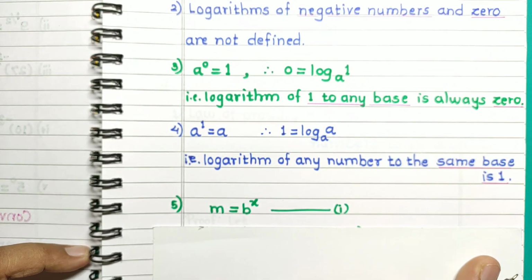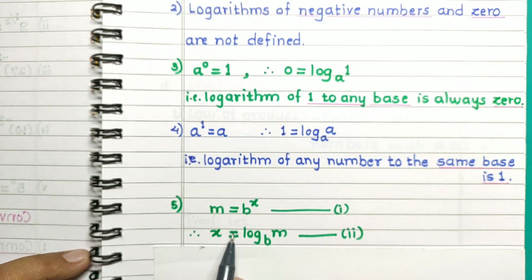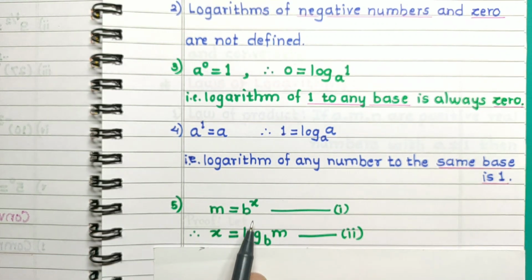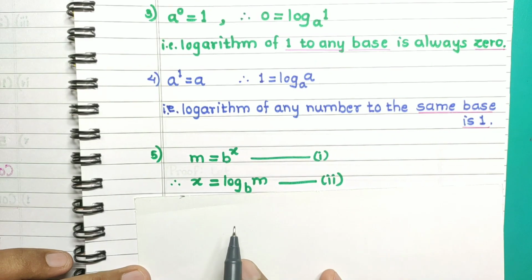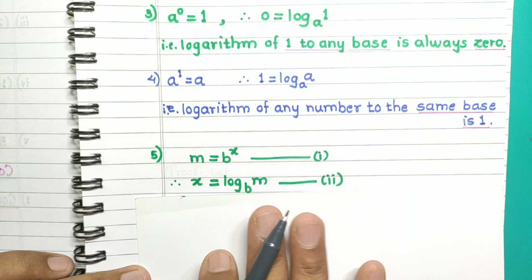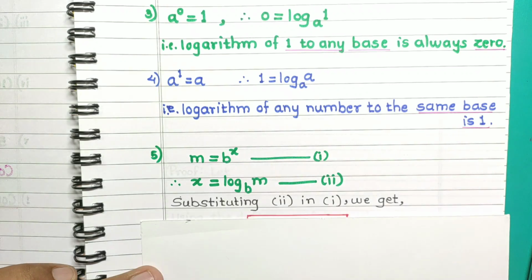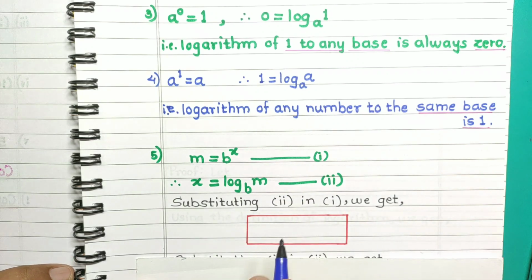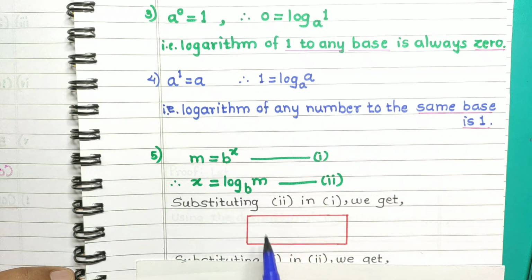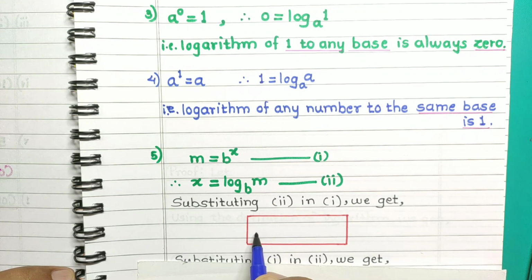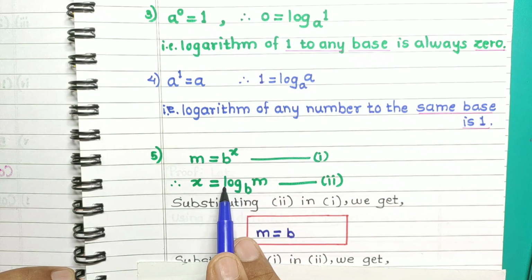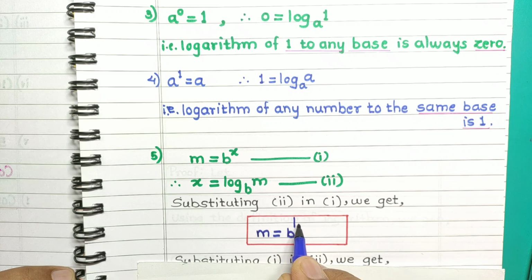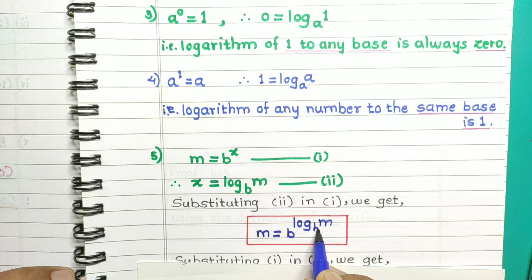Here these two are the important equations: m is equal to b raised to x, and x is equal to log of m to the base b. Substituting equation 2 in equation 1, we get m is equal to b raised to log of m to the base b.